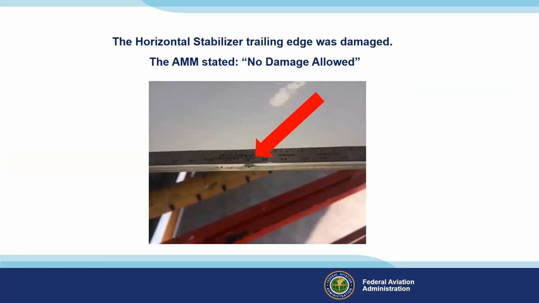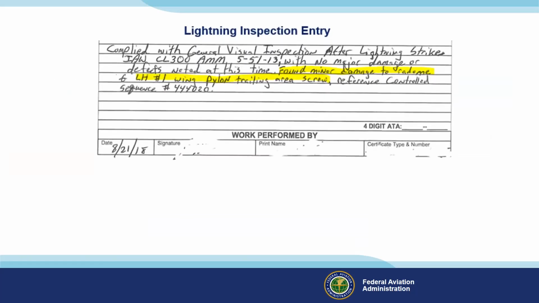In addition, the horizontal stabilizer had this damage on it. And if you look at the maintenance manual for horizontal stabilizer trailing edge, it says no damage allowed. And the mechanic did not document the horizontal stabilizer damage, just documented the radome and the left-hand wing pylon trailing area screw.